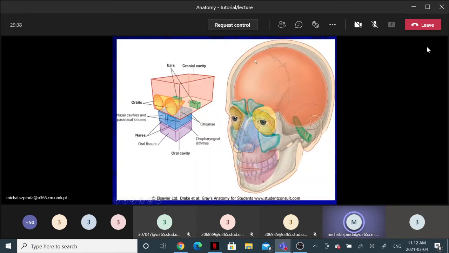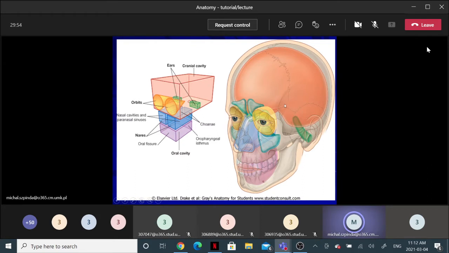Just here inside the cranial cavity we have 3 unpaired cranial fossae: anterior, middle, and posterior.